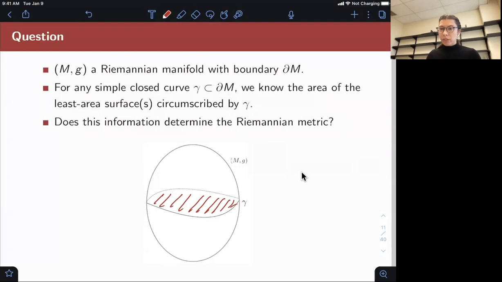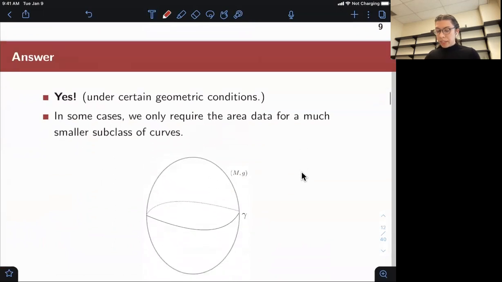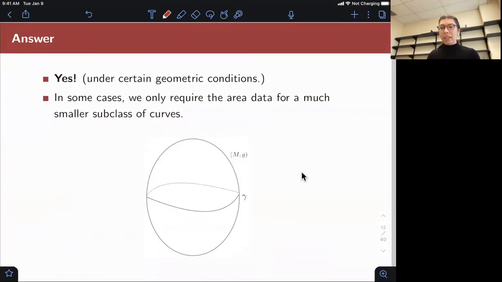Can I use this information to recover the Riemannian metric? And this is what I mean by a lower codimensional rigidity problem. So today, what I'm going to say is the answer is yes, under certain geometric conditions. And in some cases, we're not going to use all of the curves that we could possibly put on the boundary, but just a subclass, a much smaller family of curves.